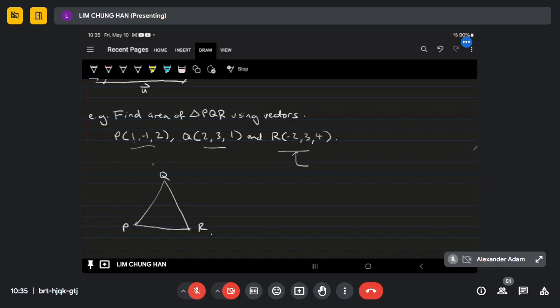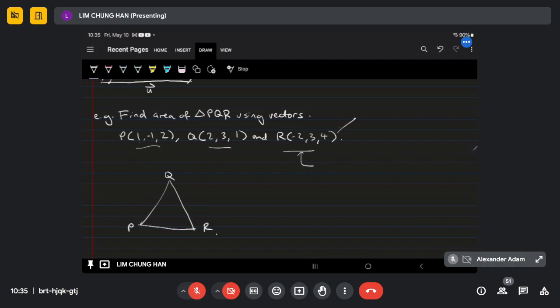Do not jump straight in and start doing your cross product. You will get the wrong answer. Why? Because these three are coordinates, right? You look at the brackets.